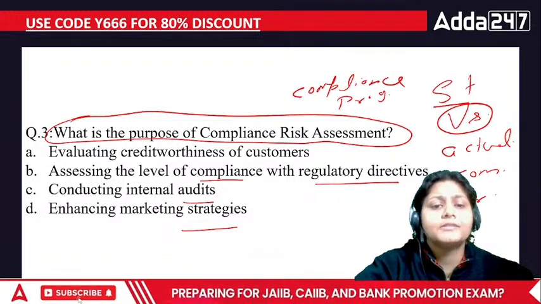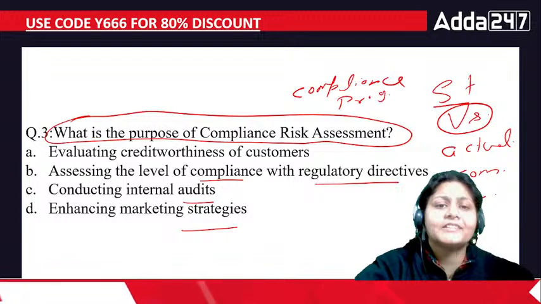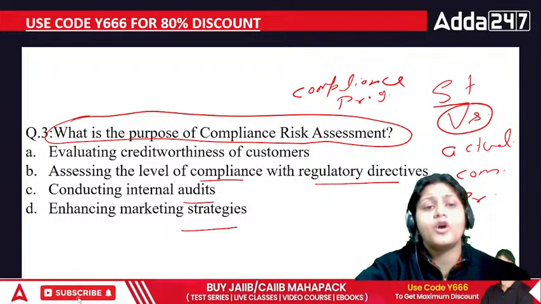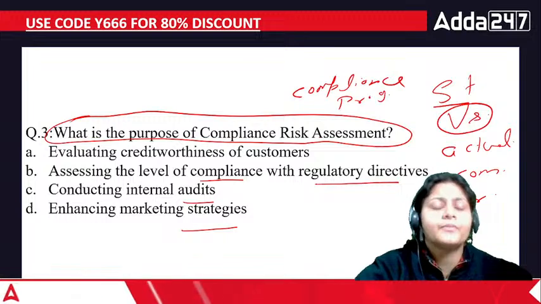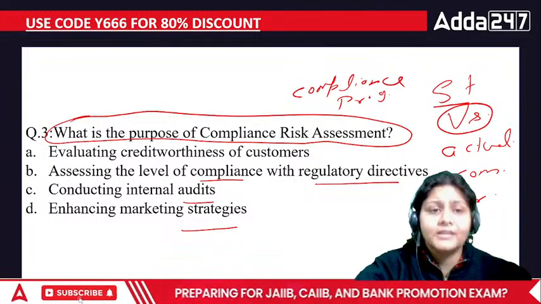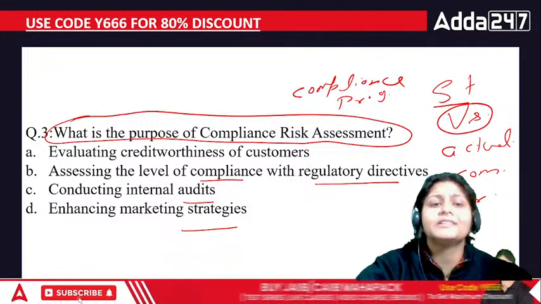So what is the meaning of that? It is to understand the full range of risk exposure in the bank. That means how the risk event may occur, what the reason may be, and the potential severity of its impact.